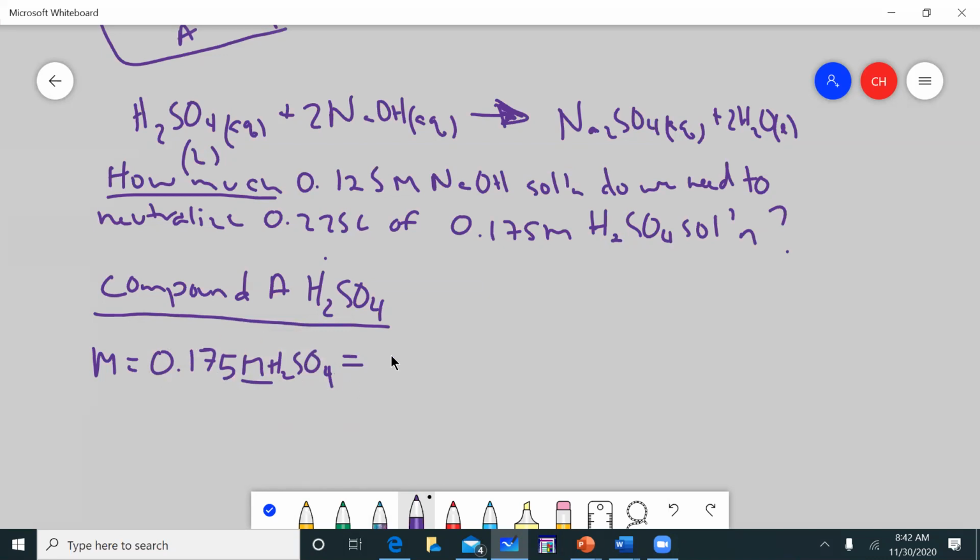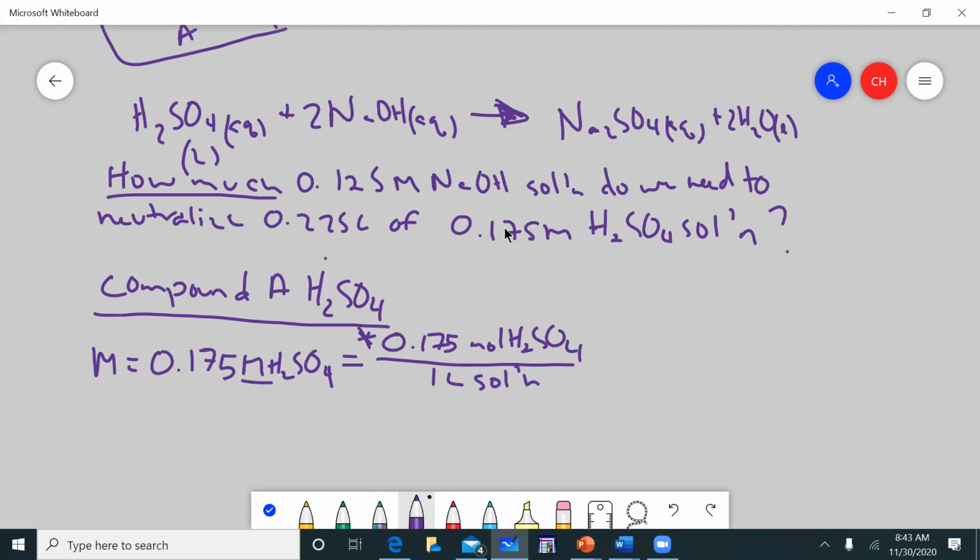Remember, writing it like this, I can also write it like this: 0.175 moles of H2SO4 over every 1 liter of solution. So those two things tell me the same thing. This I like much better for solution stoichiometry.